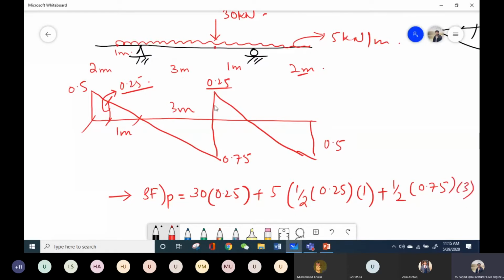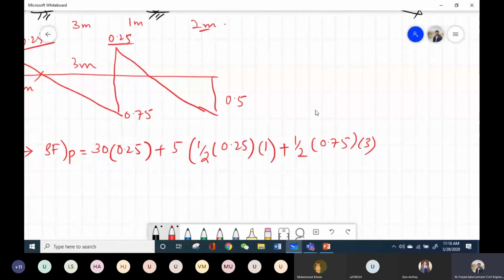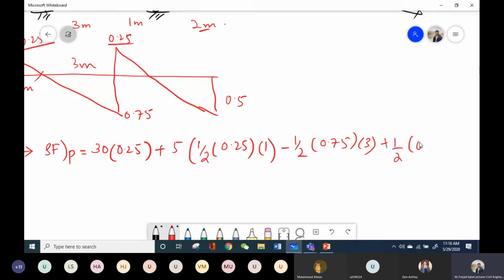For this triangle, there is one thing you have to notice, that this triangle is on the negative side, so I have to put the negative sign. Similarly for this triangle, I have half into 0.25 into 1. And for this fourth triangle, this is also on the negative side. So minus half into 0.5 into 2, as the distance is 2 meter.